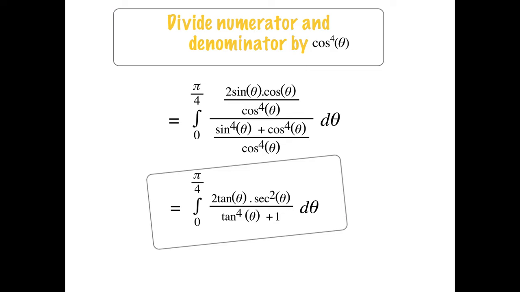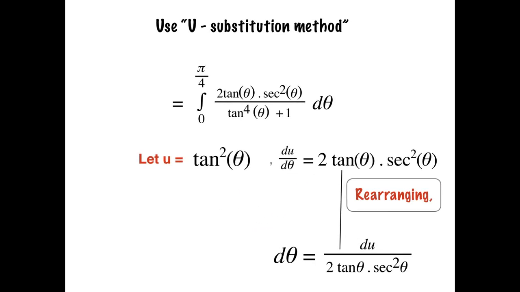There is a very famous way to solve this integration. What you need to do is substitute u as tan square theta, the u substitution method. If you have learned it at the high school level and are an expert in that, it's natural to know that u is equal to tan square theta.